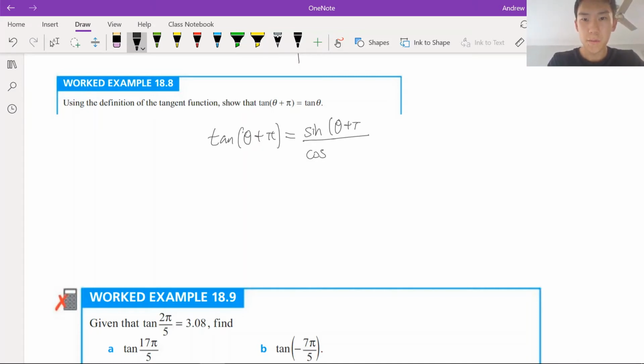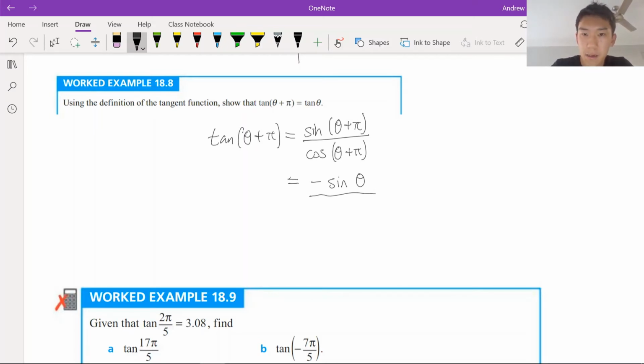So it'll be sine(theta plus pi) over cos(theta plus pi). Now if we have sine(theta plus pi), we're in the third quadrant, sine's going to be negative. So it's going to be negative sine, and the angle is just theta, because that's the angle with the x-axis anyway.